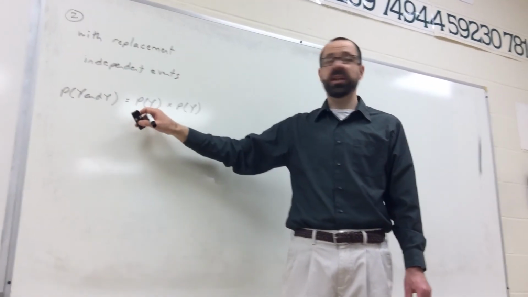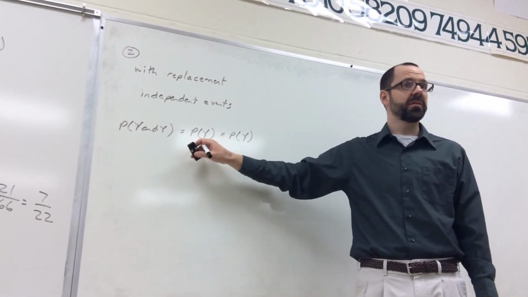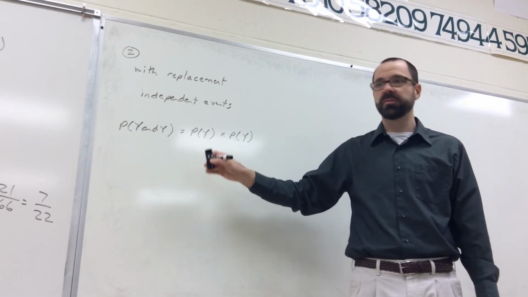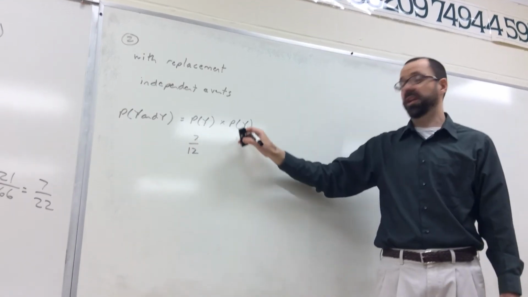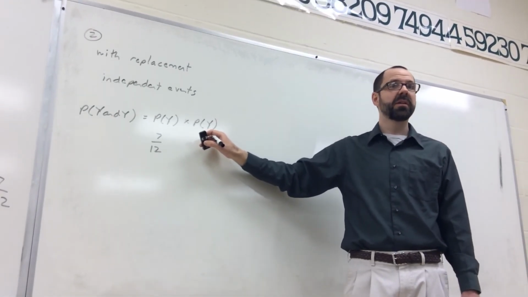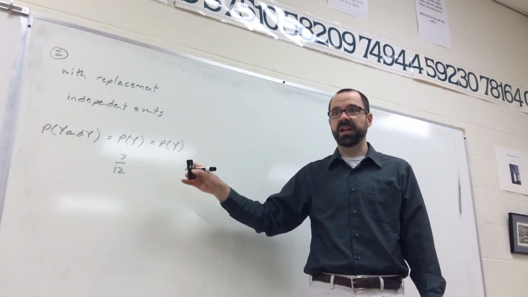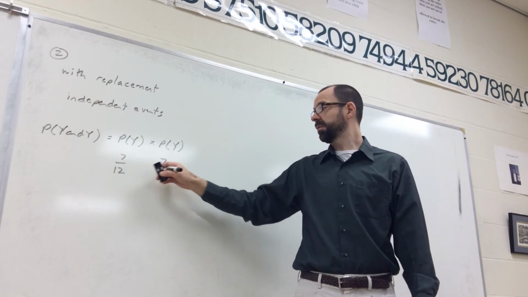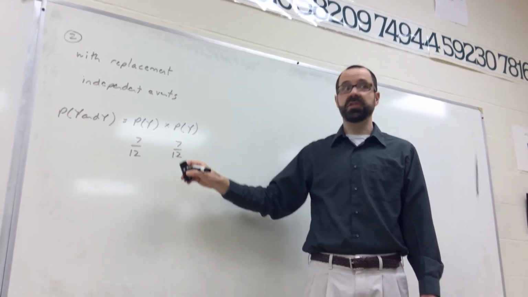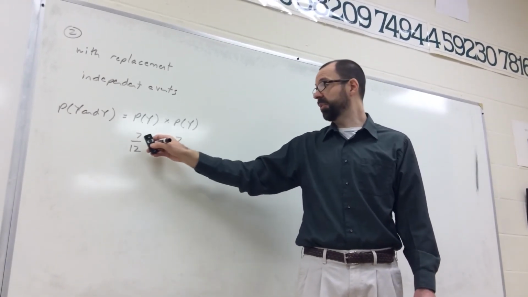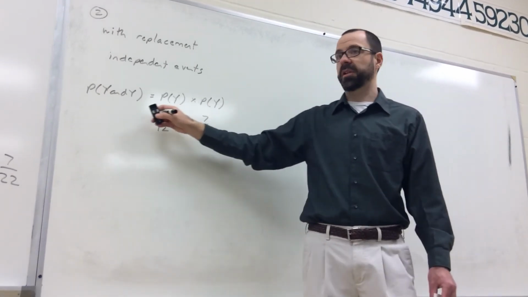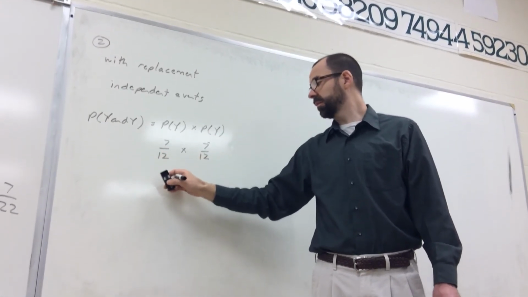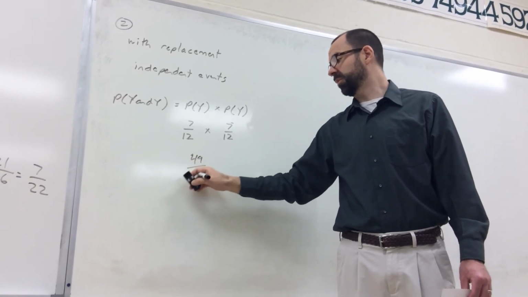So what's the probability of getting a yellow the first time? 7 out of 12. What's the probability of getting a yellow the second time? 7 out of 12, because it's the same exact situation. And then to get the overall probability, you just multiply those together. So that comes out to 49 out of 144.